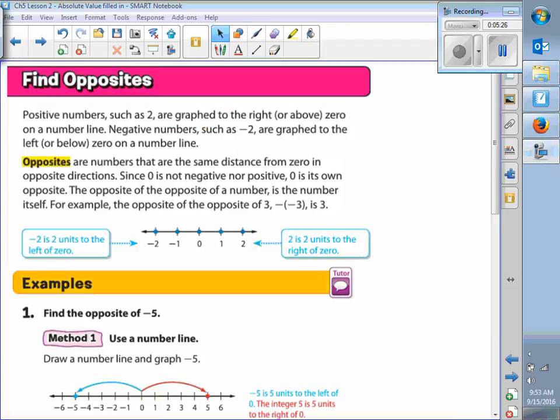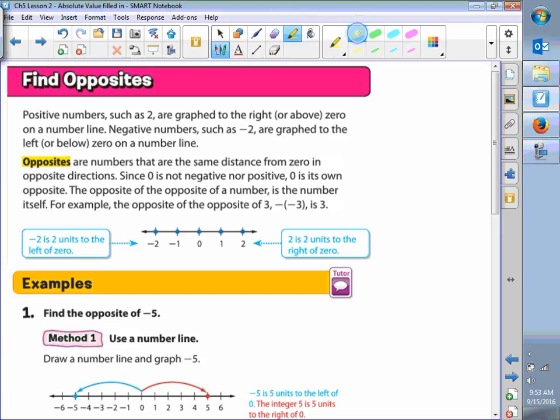All right, so we want to find opposites. So positive numbers such as 2 are graphed to the right of 0 on a number line. Okay, you need to make sure you write that in your spiral. Make sure you know that information. So, positive numbers are graphed to the right of 0 on a number line.